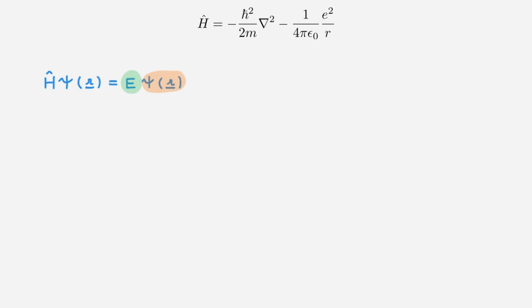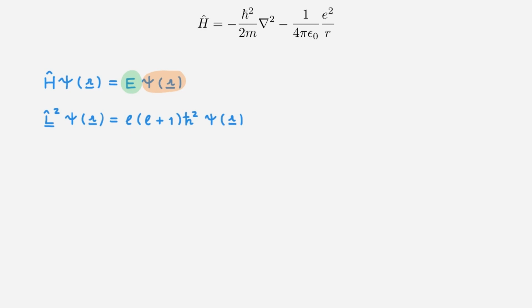So the first thing we need is a quick recap of the mathematical solution to use as a starting point. The first step is to realize that the hydrogen atom Hamiltonian commutes with orbital angular momentum. This means that the eigenfunctions of the Hamiltonian can be chosen to also be eigenfunctions of the squared orbital angular momentum like this.